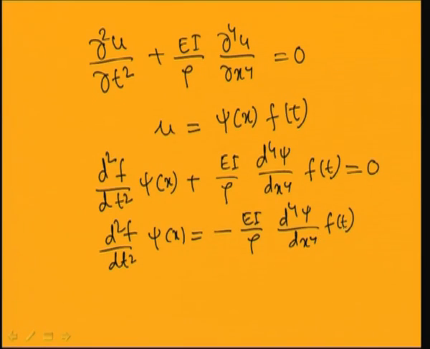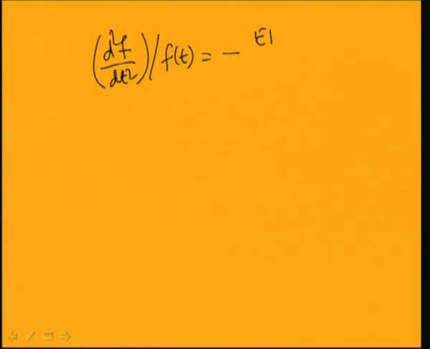Or, d square f by dt square by f t equals minus EI by rho d fourth psi by dx fourth by psi.